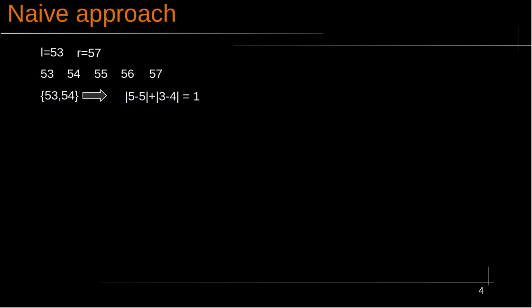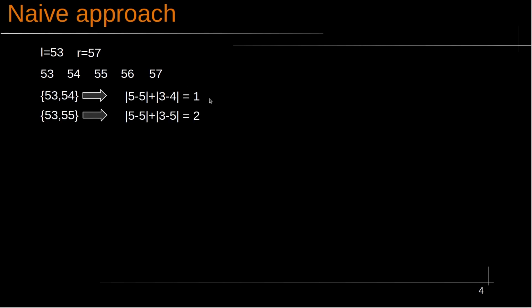So we have this sum of the absolute value of the difference of the first digits plus the absolute value of the difference of the second digits of the first number and second number. Here the result is equal to 1.